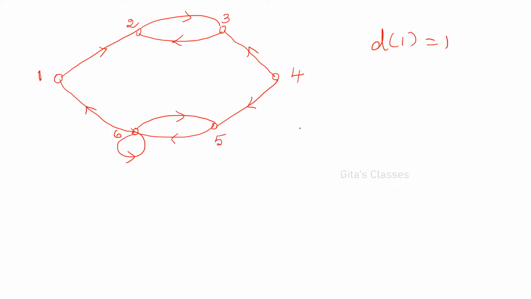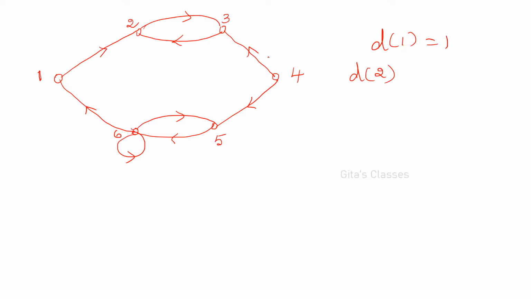Okay. What about d of 2? See, from 2 to 3, 3 to 2. You have to find out in how many steps you can come back, and if there are 2 or more ways, then you take the greatest common divisor of those values.